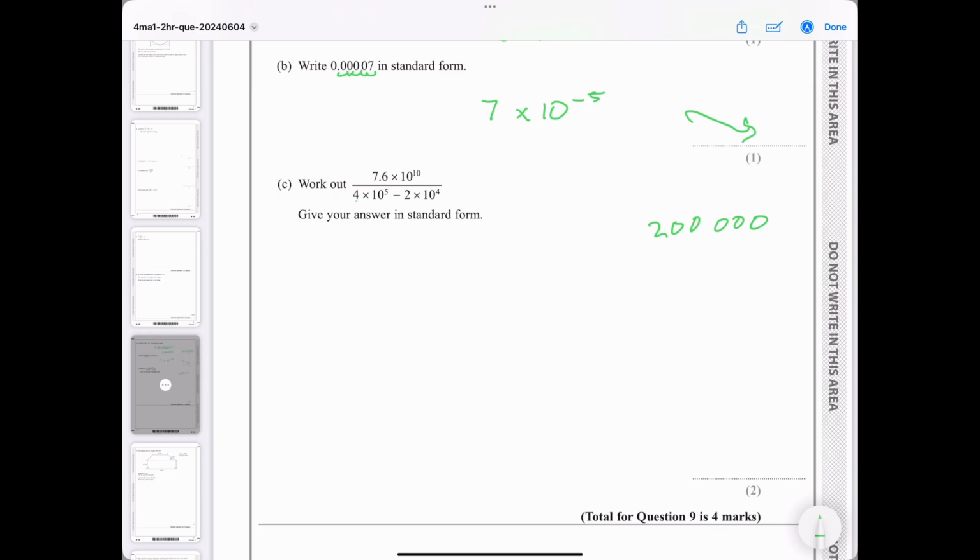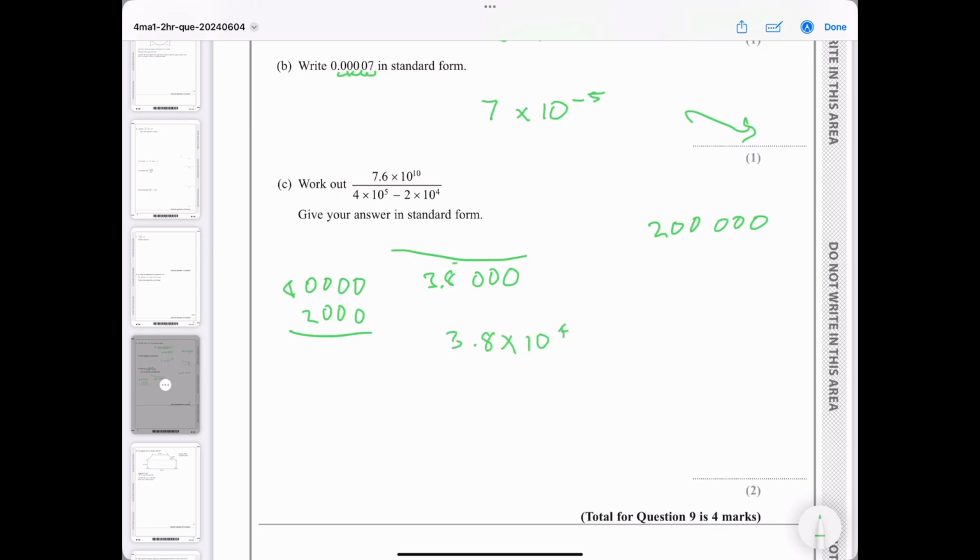So at the bottom we have 40,000 minus 2,000, which is 38,000 or 3.8. So that's 3.8 times 10 to the power 4.